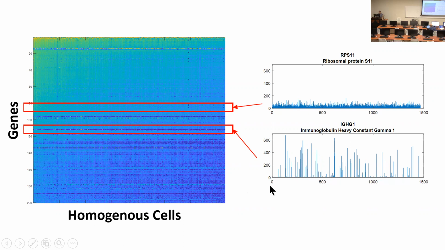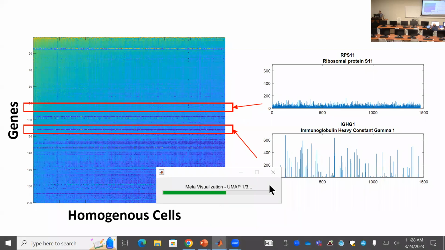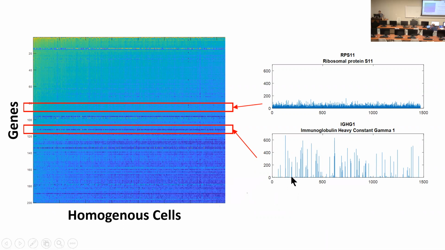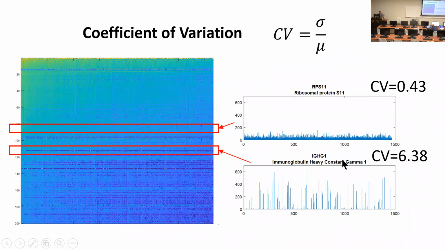It's hard to see, but the expression level in 90% of these cells is 0. It's the visualization doing the UMAP, but those expressing cells have values above 200, a lot of them. So this creates a strong noise for IgHG1 compared to the ribosomal protein.